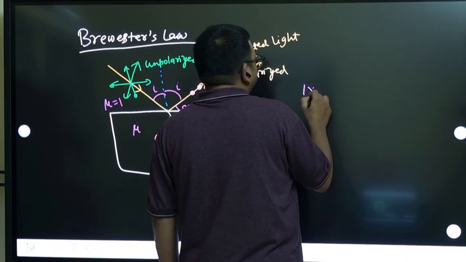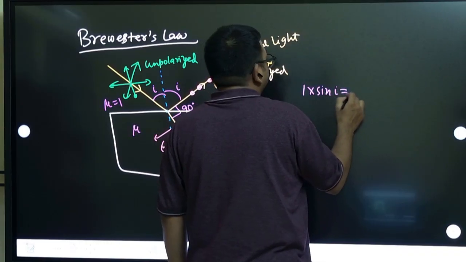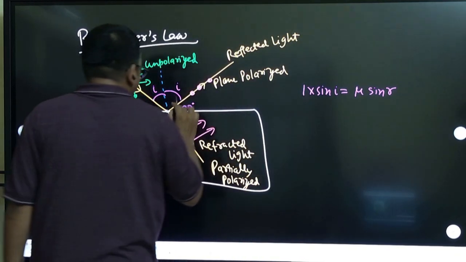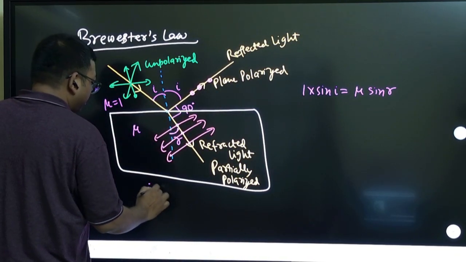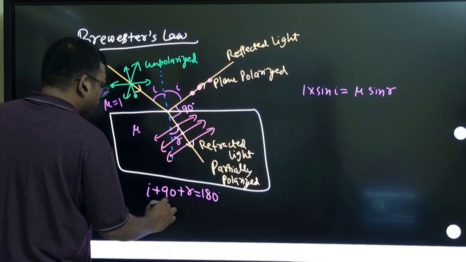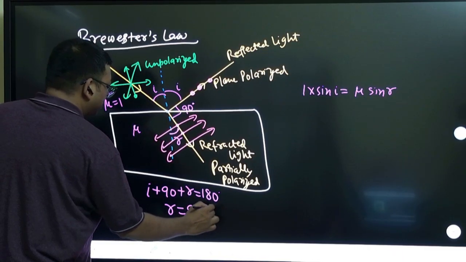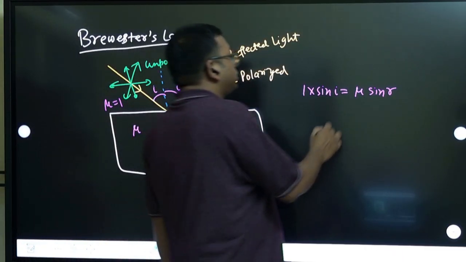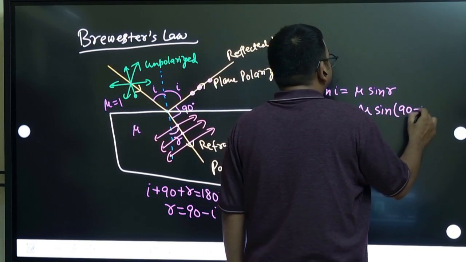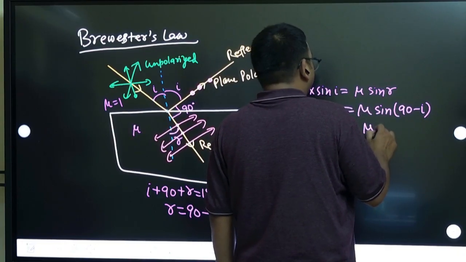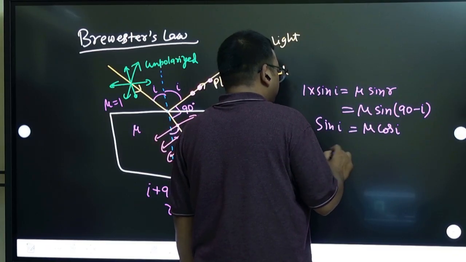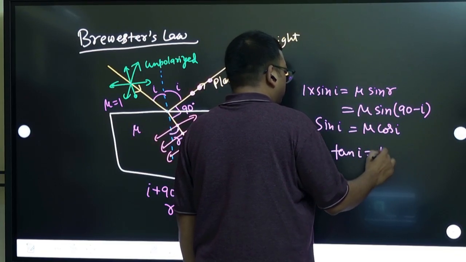So 1 into sine I is equal to mu into sine R. Note here that this total angle is 180 degrees, so I plus 90 plus R becomes 180 degrees, so R becomes 90 minus I. If you put this here, mu sine of 90 minus I becomes mu cos I. So sin I over cos I, that becomes tan I is equal to mu.